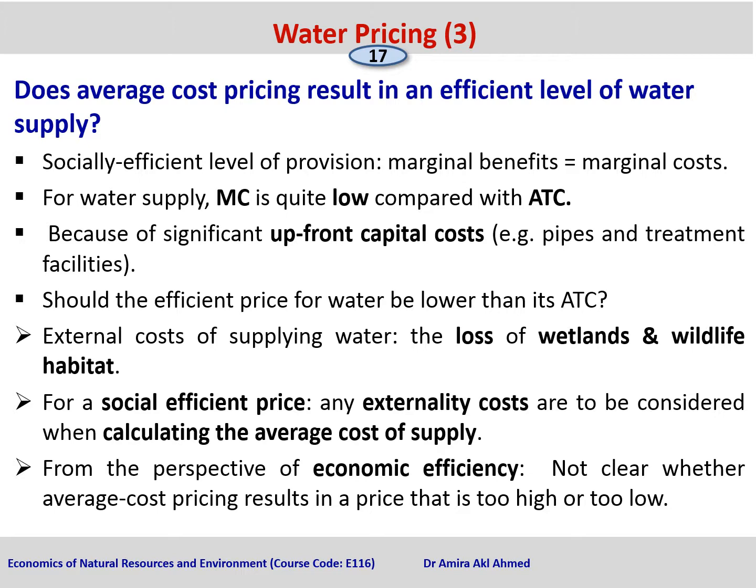But we also need to consider the externality costs of supplying water. These negative externalities may include impacts such as the loss of wetlands and wildlife habitat. For a socially efficient price, any negative externality should be taken into consideration when calculating the average cost of supply.